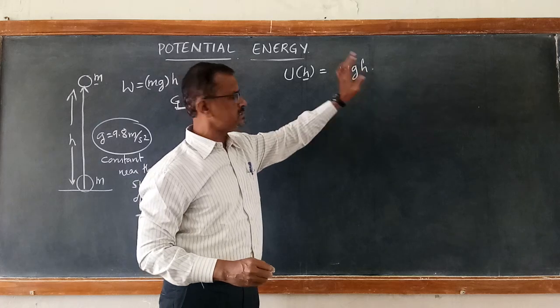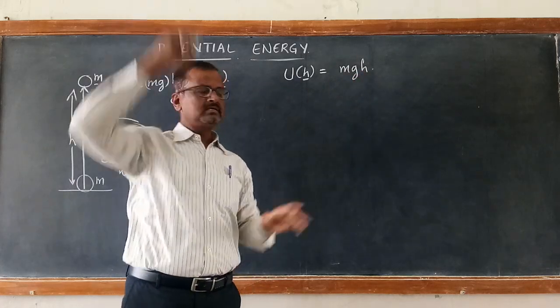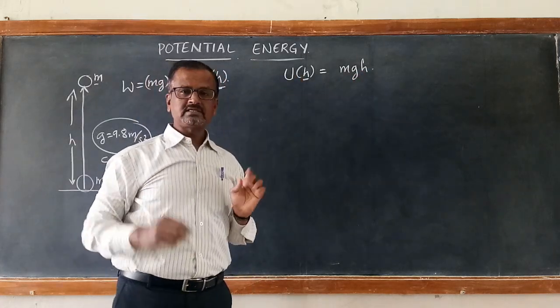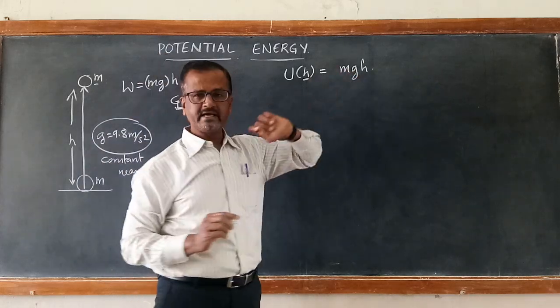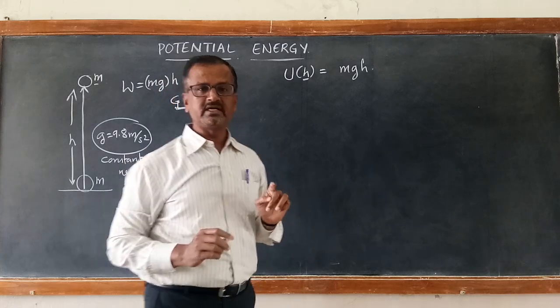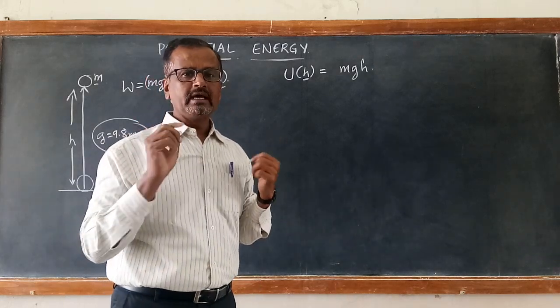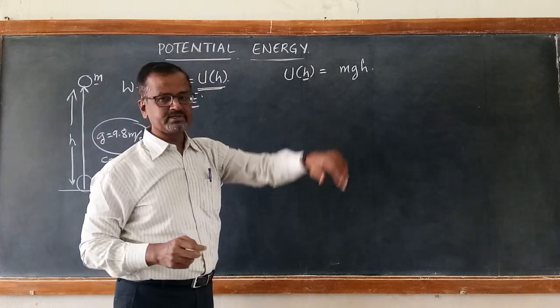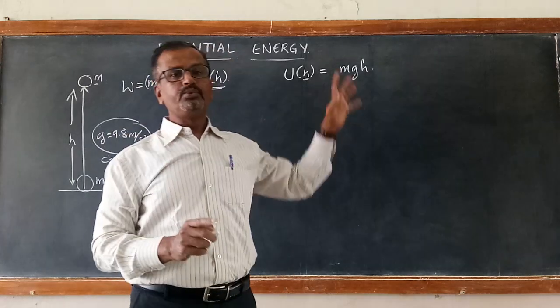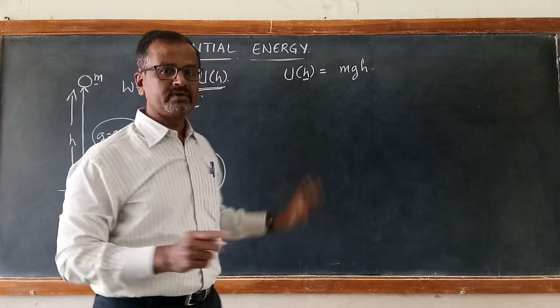Only variable here is h. As h increases, potential energy increases. As h decreases, potential energy decreases. So if we take the negative differentiation of that with respect to h, we get the conservative force involved in this.